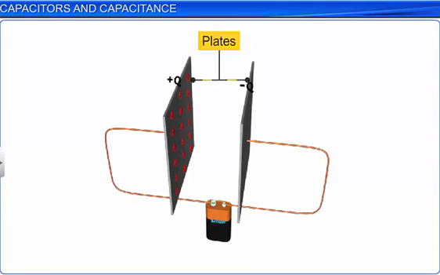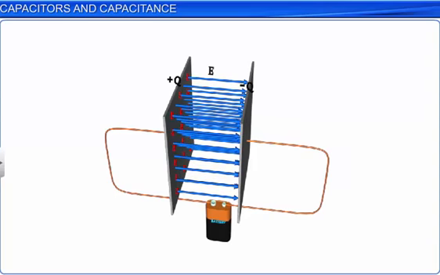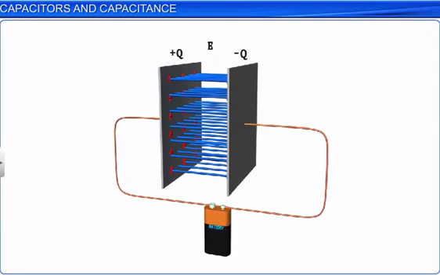And because the plates are charged, an electric field of strength E exists between the plates. The potential due to the plate having excess positive charge +Q on it is V1. The potential due to the plate having excess negative charge -Q on it is V2.